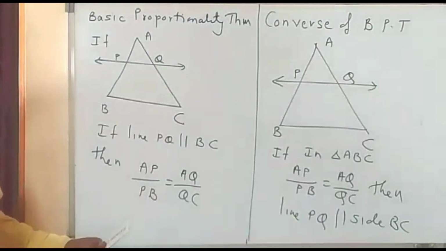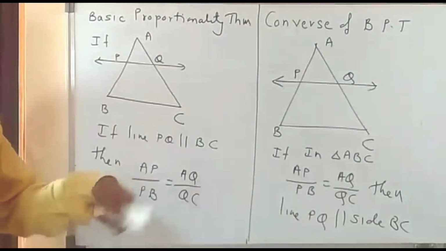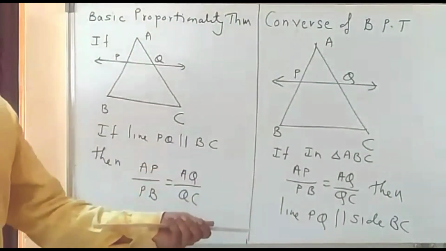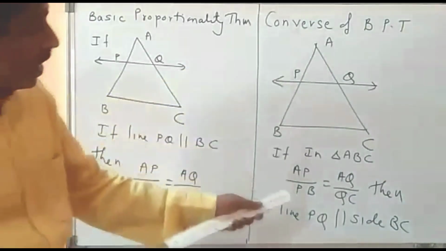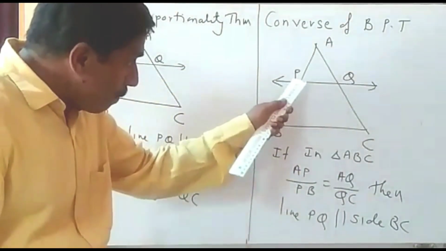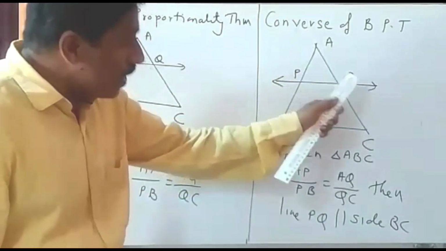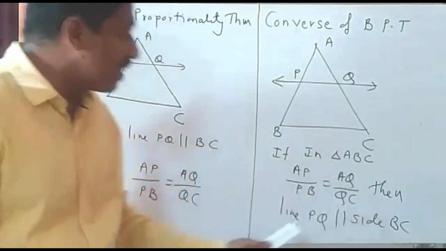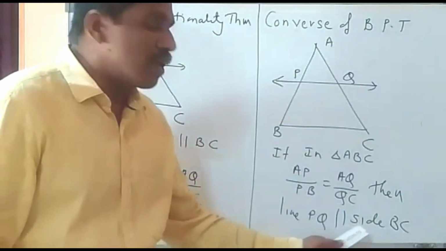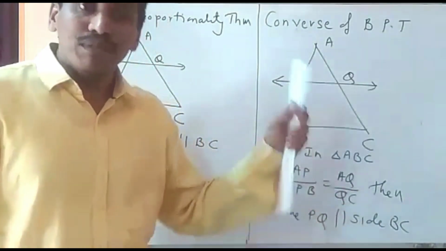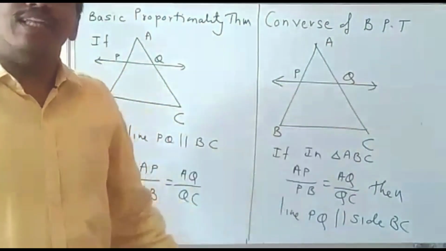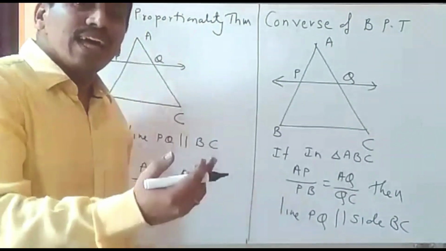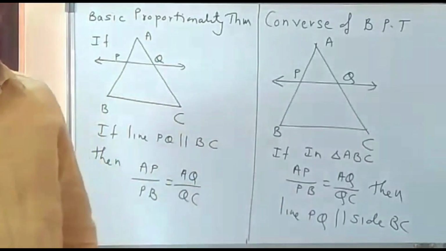What is converse? In converse, the to prove part will become given and given will become the to prove part. So what is the converse? If AP upon PB is equal to AQ upon QC, then line PQ is parallel to side BC. It means when a line divides two sides of a triangle in equal ratio, then that line is parallel to the third side.